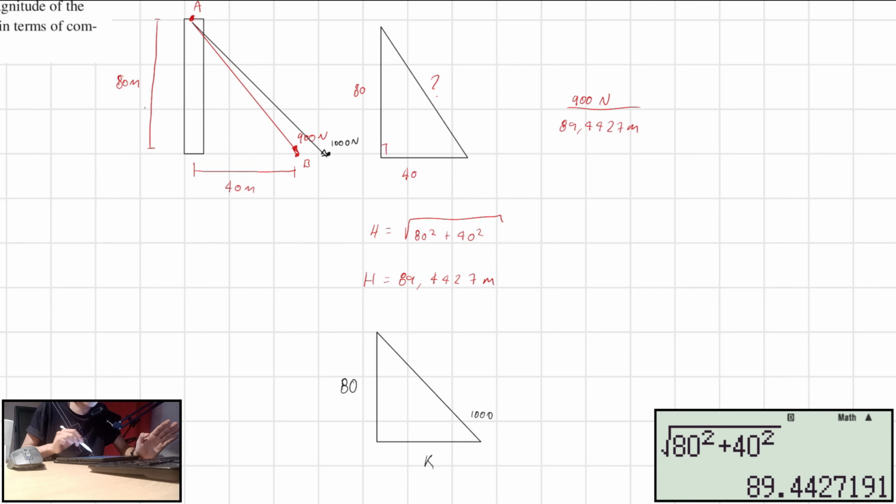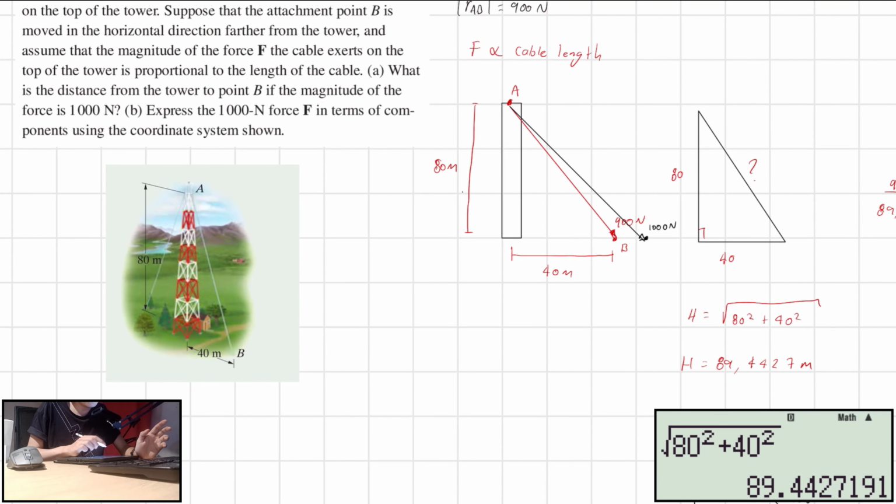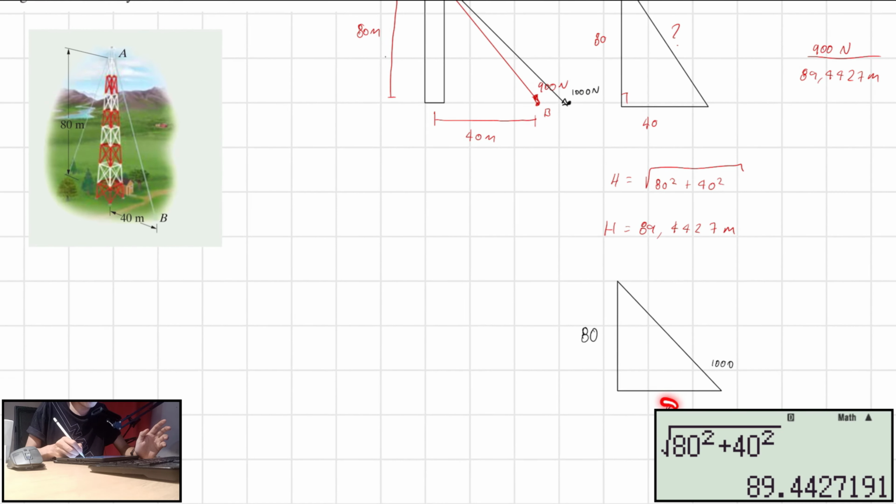But I cannot use 1000 right here because 1000 is a force, 80 is a distance, as well as K, which is the solution for part A of the exercise. What is the distance from the tower to point B if the magnitude of the force is 1000? So we require this distance, which I'm going to call K.